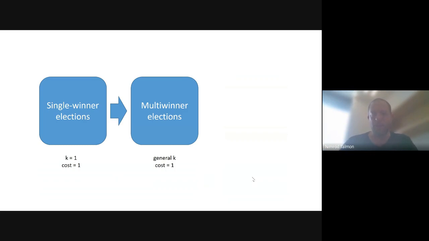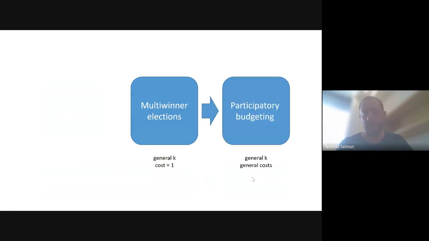Multi-winner elections generalize it in that each candidate still costs just one, but now you have a budget of K. So you select K candidates because each one of them costs one. Participatory budgeting generalizes this further, because now you have a general K, which is like the budget, the number of seats in the parliament or the number of committee members you want to select.